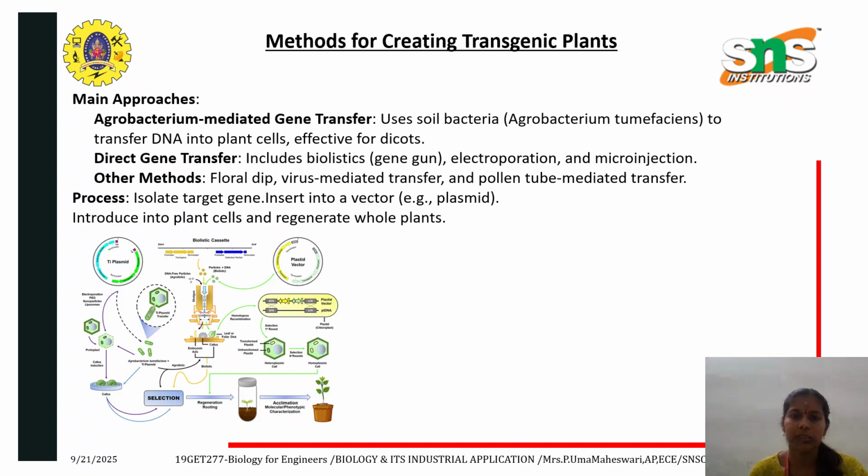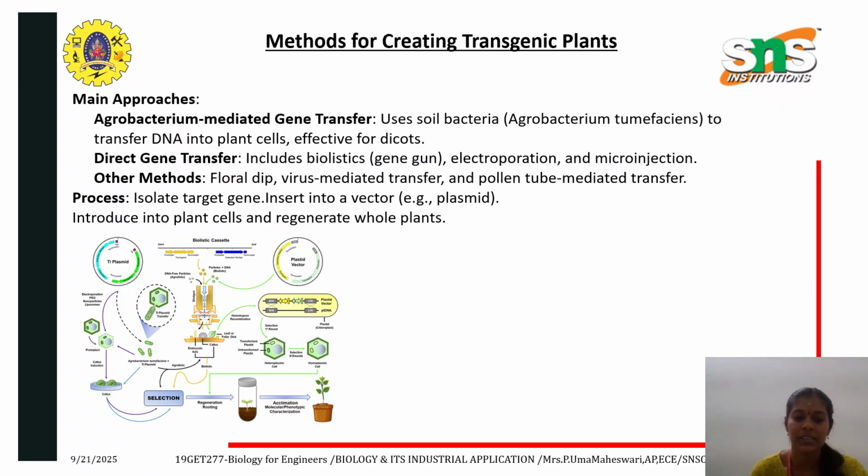What are the methods of creating transgenic plants? The main approaches: transgenic plants are created using genetic engineering methods such as Agrobacterium-mediated transformation and the gene gun method. How is the gene introduced into the plant cell?